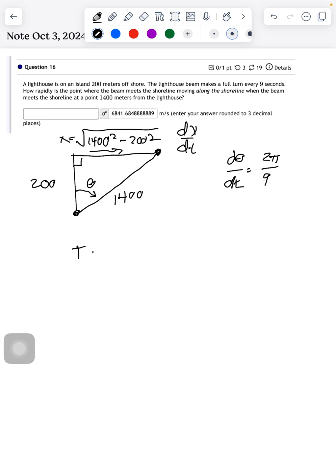I know that the tangent of that angle is equal to x over y, or I might write it like this: y times tangent of theta equals x.